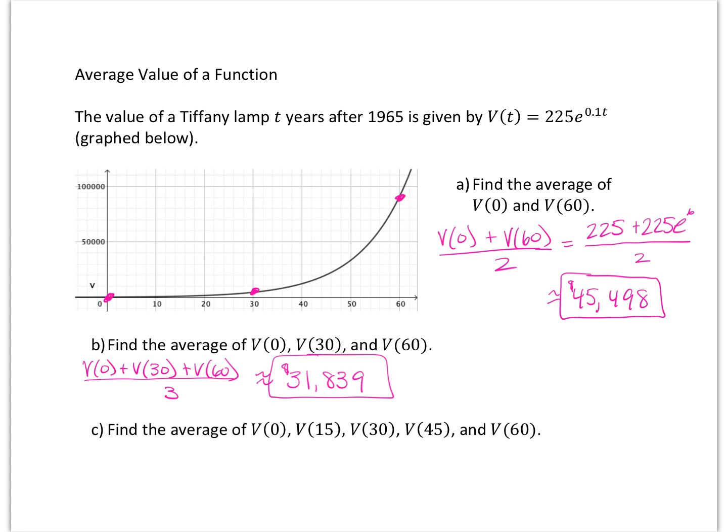All right, so what if I find the average of v of 0, v of 15, v of 30, v of 45, and v of 60? I'm going to add a couple more points here. I want v of 15 and v of 45.